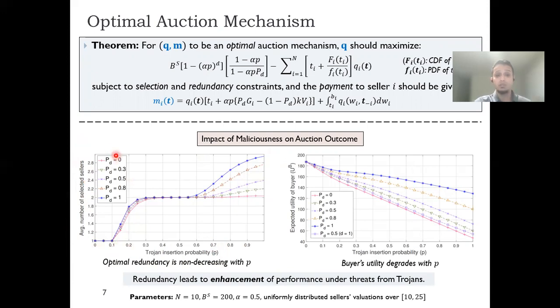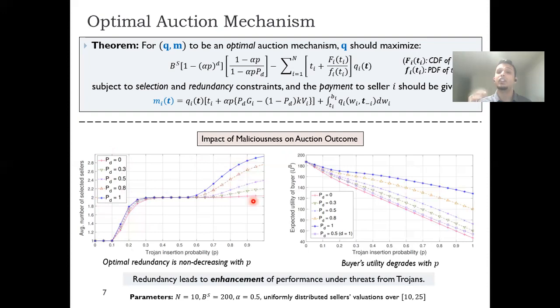However, one thing we need to see is that for a given PD, when the PD value is high, the average number of selected sellers is higher than when PD is 0, which we can see in the pink line.